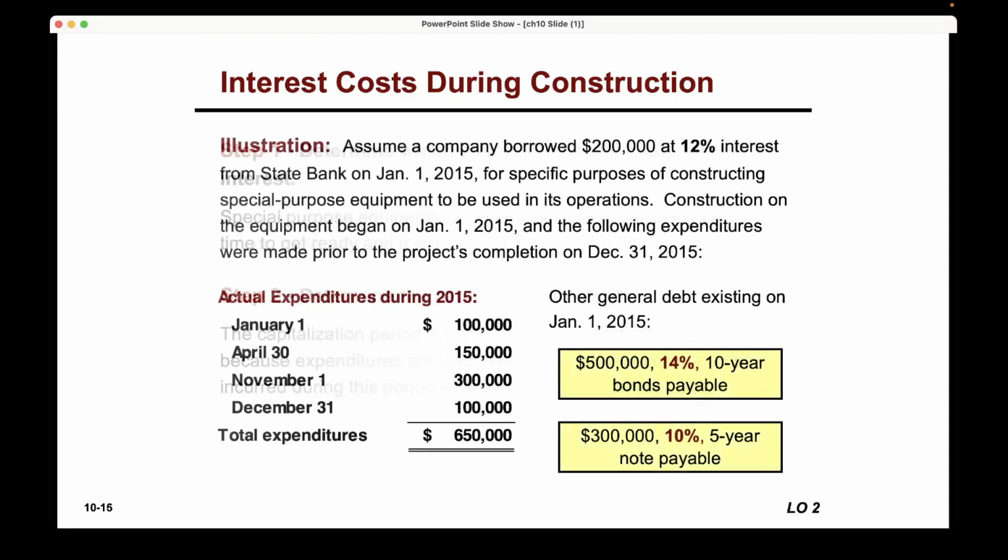With this information, we can calculate both the actual interest incurred and the available interest to determine how much interest should be capitalized during the construction period. So just bear in mind that we need all this information to calculate the interest that we need to capitalize.